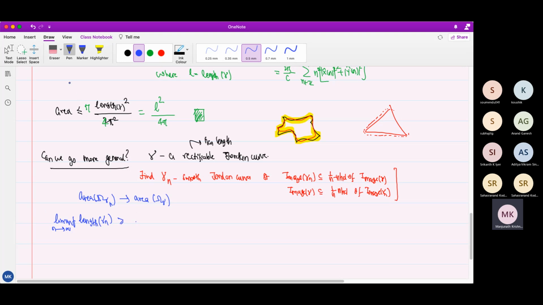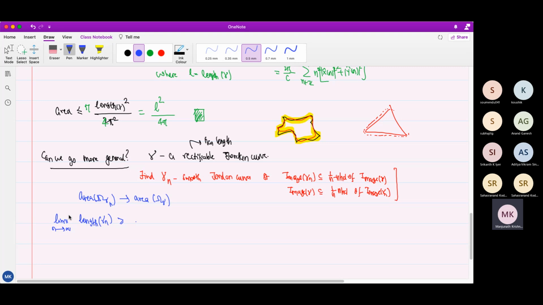The lim sup of the length is smaller than, sorry, no, it will go the other way, right? I see. No, sorry, what I was thinking doesn't work.